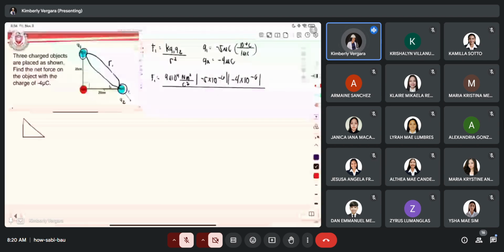So this is 20 centimeters, then this is 20 centimeters. R1 is equal to the square root of 20 centimeters squared plus 20 centimeters squared.